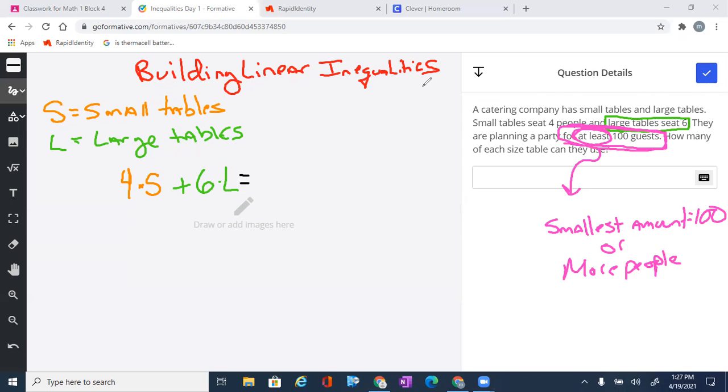So when we set up this inequality, we're going to say these are going to be the number of people at the small tables. Okay, these are going to be the number of people at large tables.